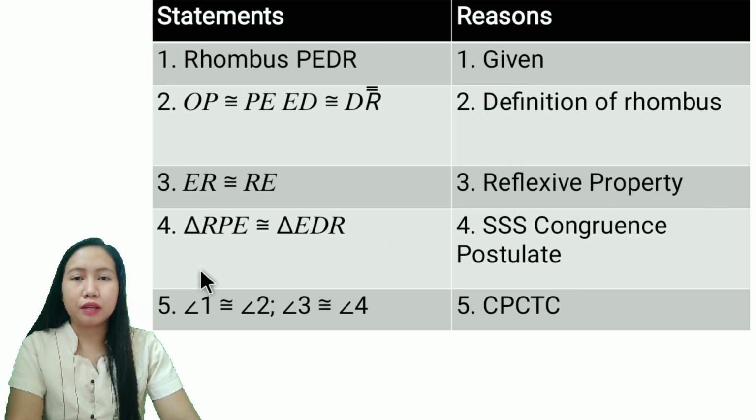Number 4, triangle RPE is congruent to triangle EDR by SSS congruence postulate. And number 5, angle 1 is congruent to angle 2, and angle 3 is congruent to angle 4 by CPCTC. So that is the proving of a rhombus.